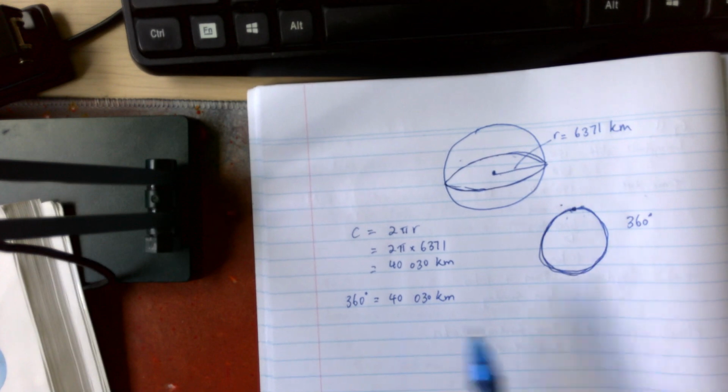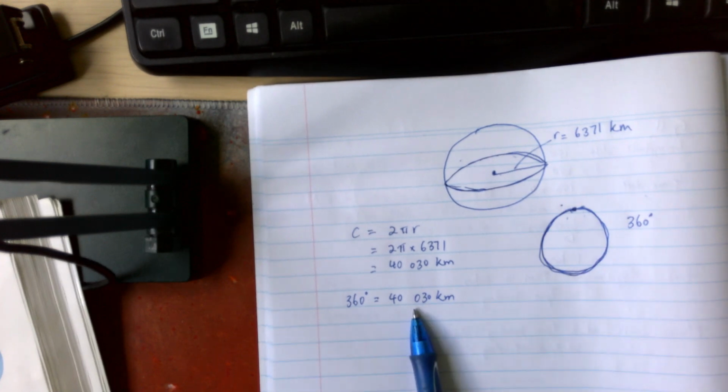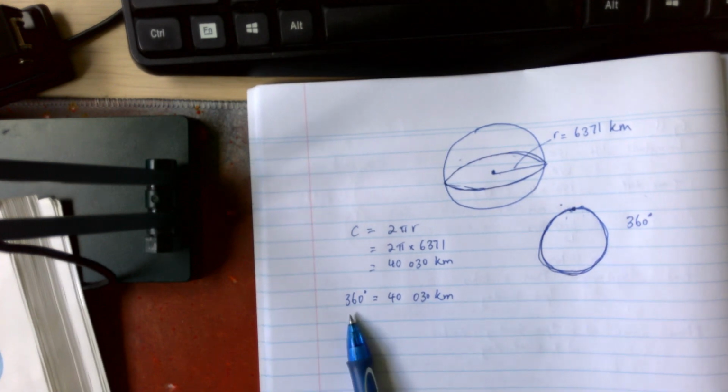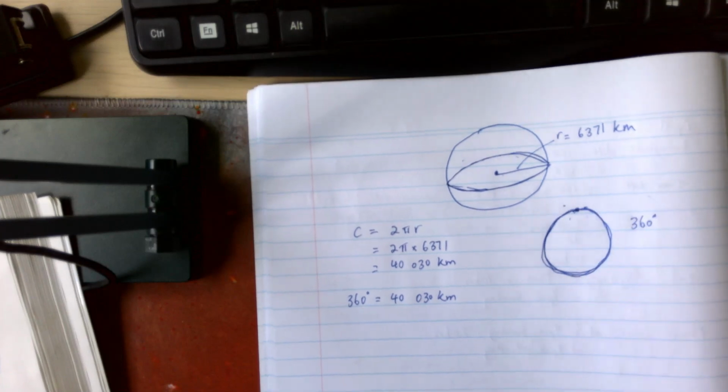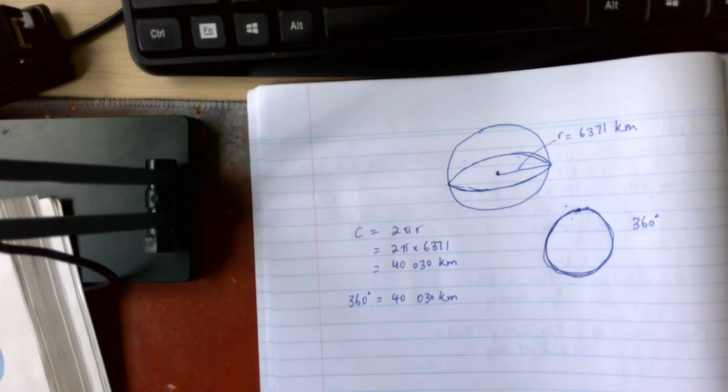Or 40,030 kilometers is equal to 360 degrees, because it's a circle, there are 360 degrees in a circle.